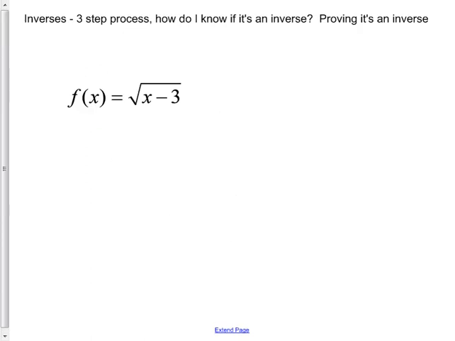Do you remember inverses? Your final remembers inverses. Hopefully you will. Inverse is a 3-step process. The first step is you change that to a y. Okay? What's the second step? Switch them.